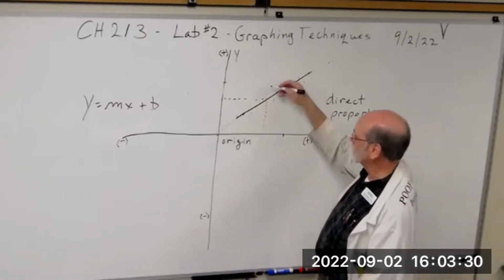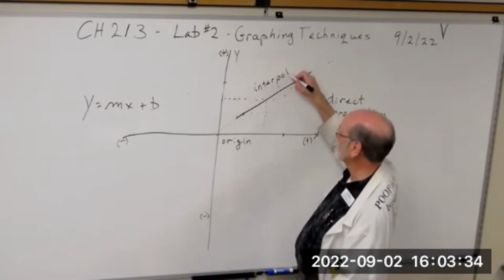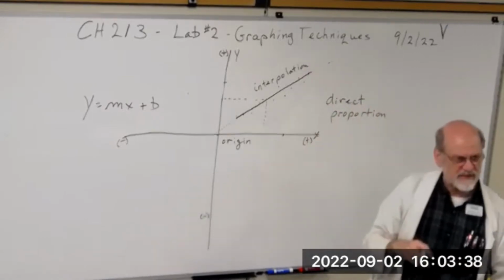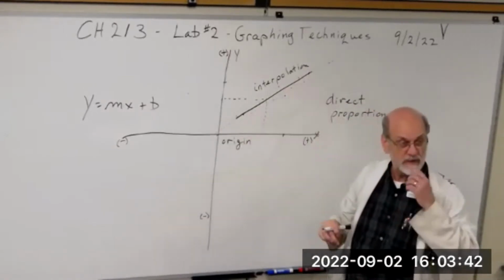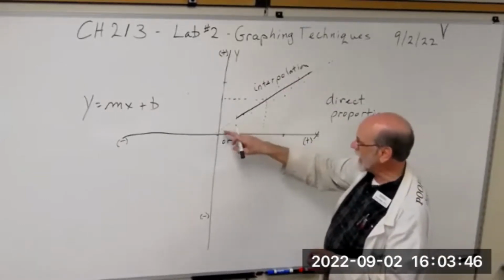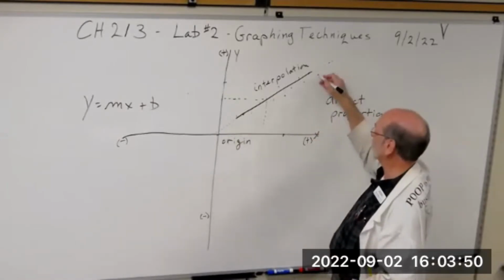Anytime you do that, this is called interpolation. And you're reasonably safe with interpolation because you're bounded by real values, real experimental measurements. Outside the measurement data, you're extrapolating.